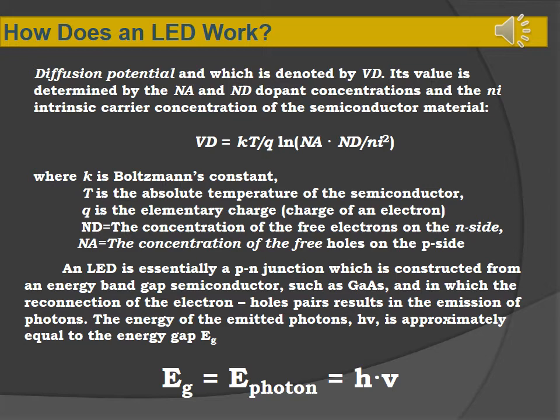The energy of the photon is hν. Then the equation of the emitting photon is Eg equals E photon equals h times ν, where Eg is the energy gap, and E photon is the energy of the emitted photon.